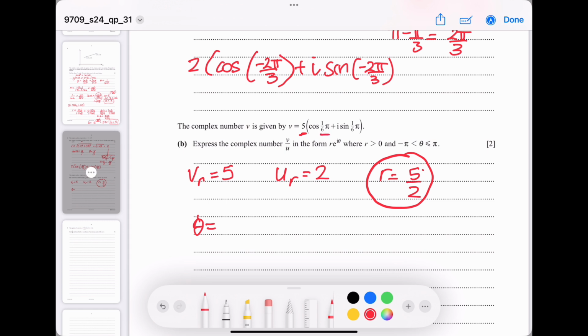So our theta here is pi over 6, and we're taking away our value for theta above here, which was negative 2 pi over 3, which gives us 5 pi over 6. So in the format they've asked us, it would be 5 over 2 e to the i 5 pi over 6.